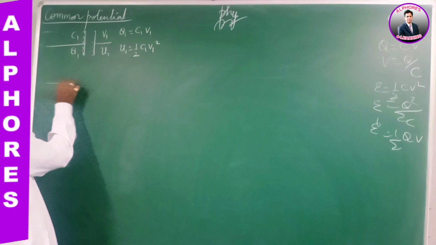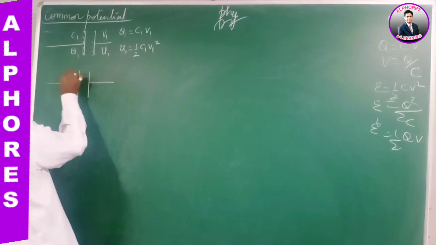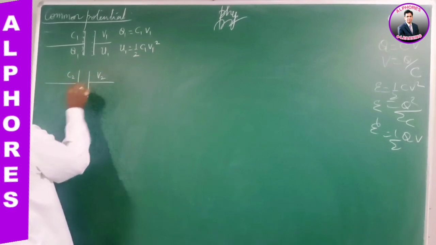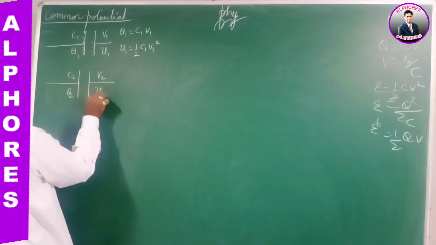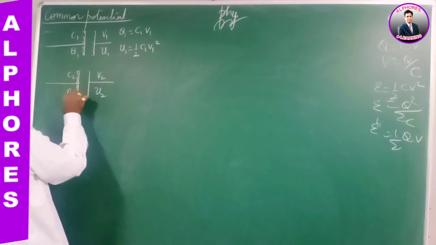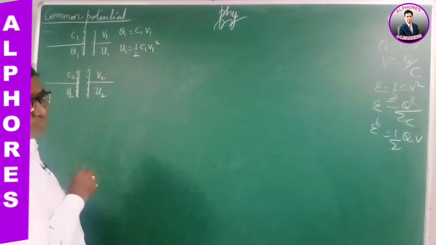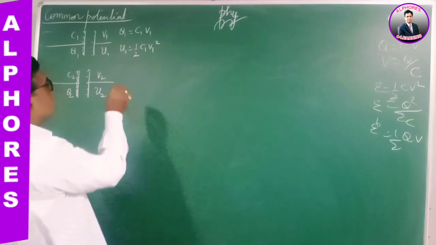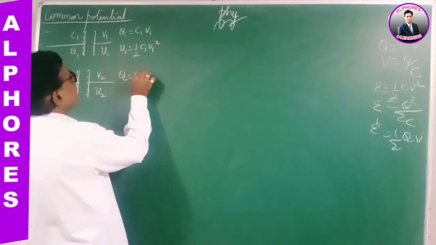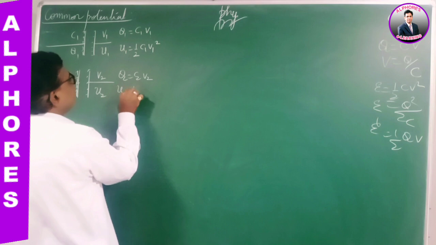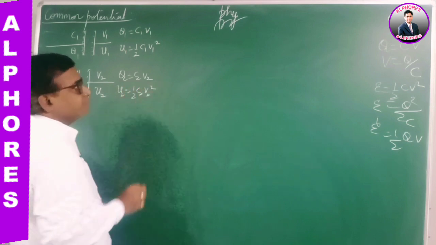Similarly, consider another capacitor C2, charged to a potential V2, with charge Q2 and energy U2, charged separately by another source. The charge in it is C2 V2 and the energy in it is half C2 V2 square.